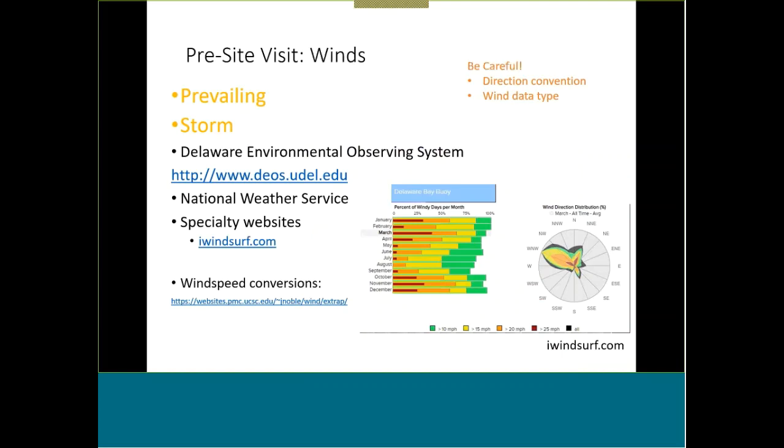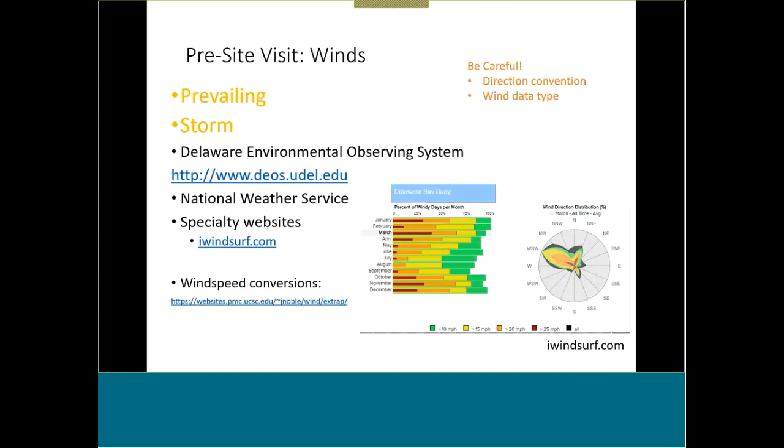Winds are some of the most complicated and difficult data to obtain, and we have some resources listed in the site evaluation guidance, as well as some rules of thumb for Delaware. We did some data processing and gave you some default numbers that you can use if you're in the right vicinity, southern Delaware.